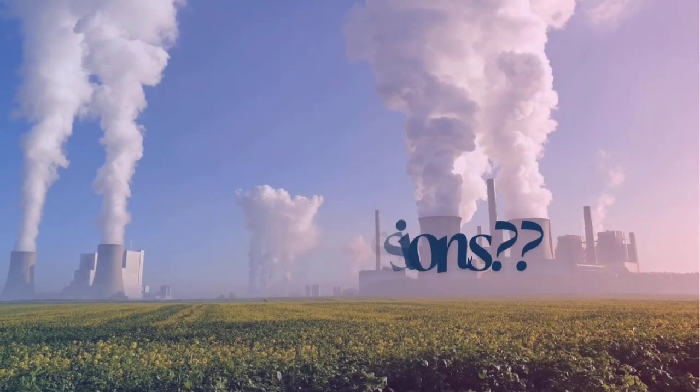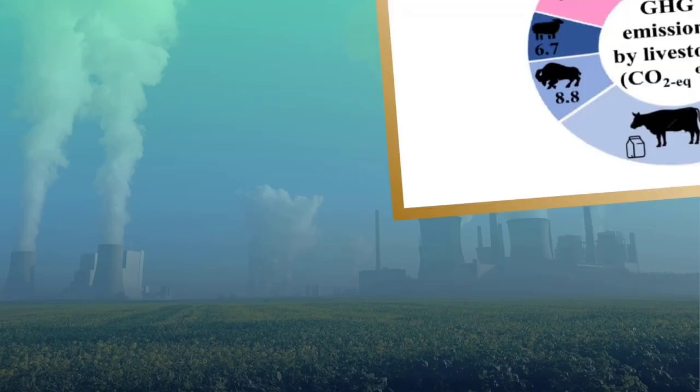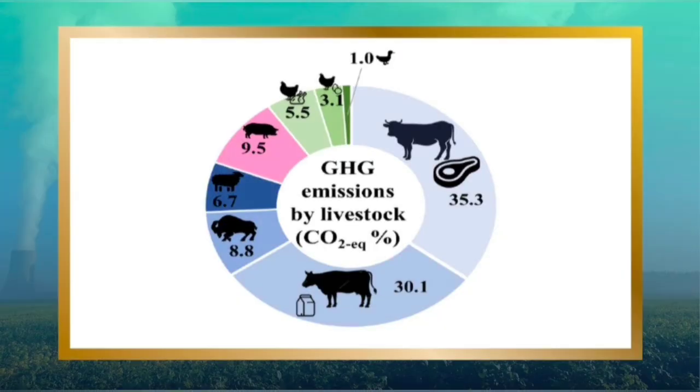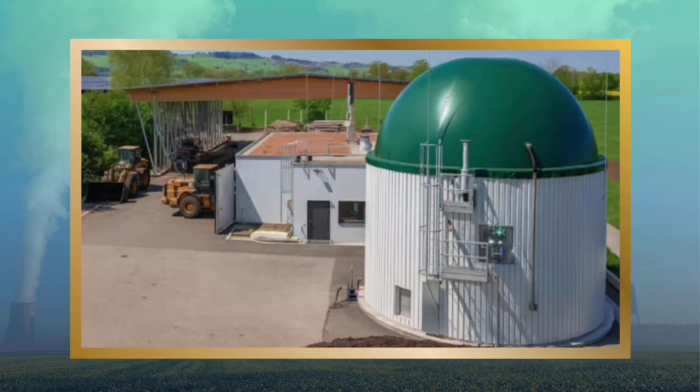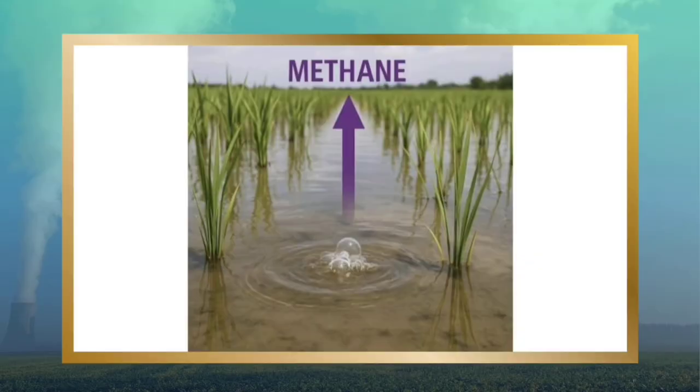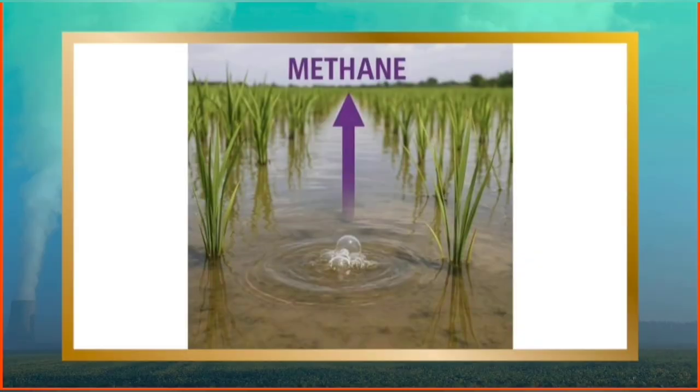What are the main sources within agriculture? First, cattle and other ruminants emit methane through enteric fermentation. Second, manure management: storage and treatment of animal waste produce CH4 and N2O. Rice cultivation and flooding: in flooded rice paddies, anaerobic conditions lead to methane release.